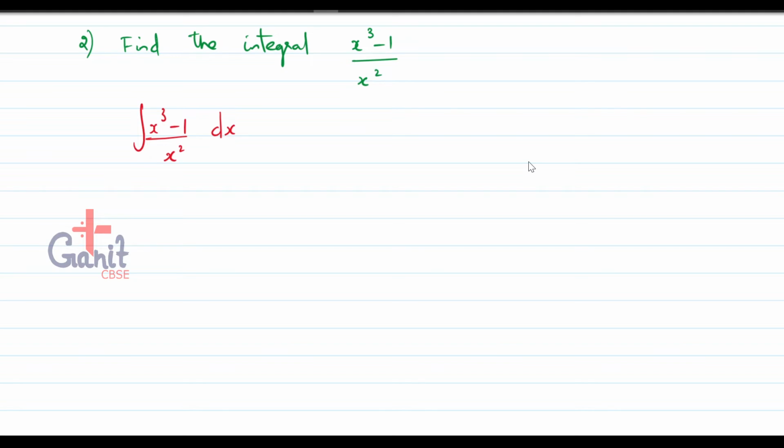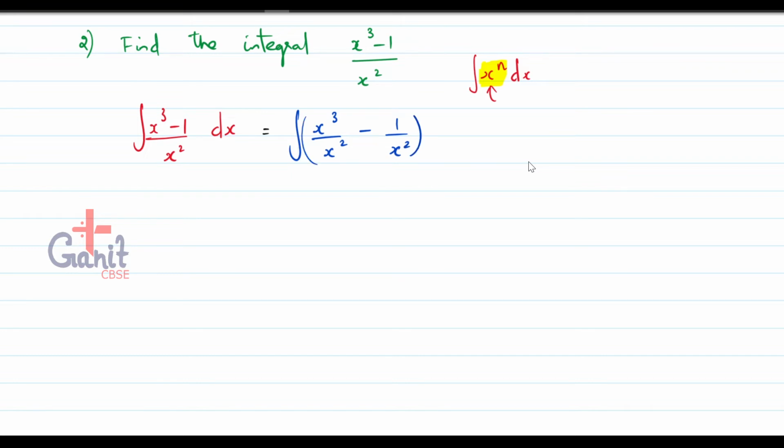We know that we can apply the formula when the function is x to the power n, so it should be an individual term. It can't be a term which has a combination of x cube in the numerator and x square in the denominator. It should be a separate term. So we are going to separate it: x cube by x square minus 1 by x square.